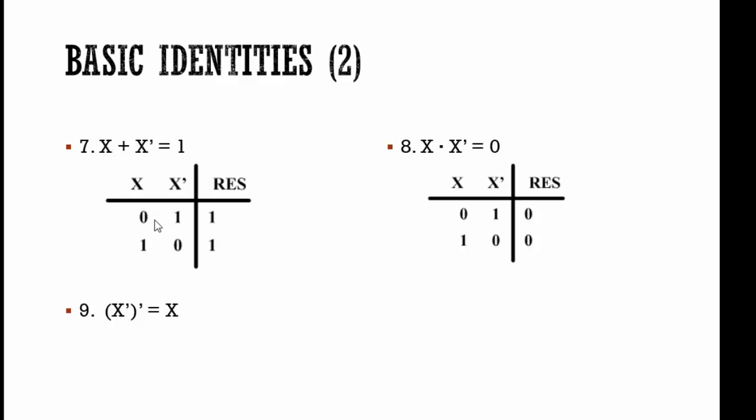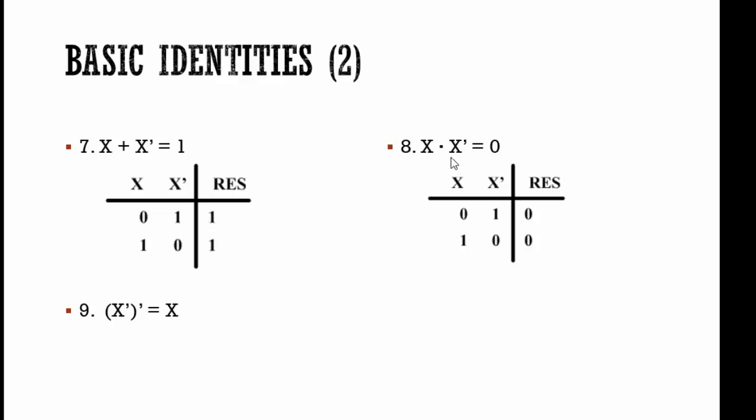See here, if the x is 0, the complement of x is 1. If the x is 1, the complement of x is 0. So if you OR that, it always has a 1. So that's why your result will be 1.